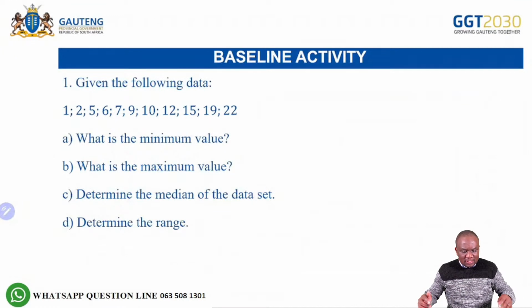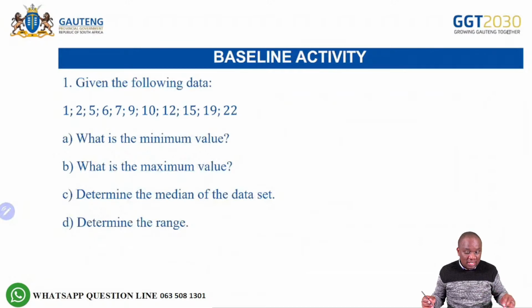Welcome back, greetings. Let's mark our work. What is the minimum value? This data set is already arranged from the smallest value to the largest value. So our minimum value is 1. That is very important. Okay, it's an easy thing to just see which one is the minimum value and which one is the maximum value.